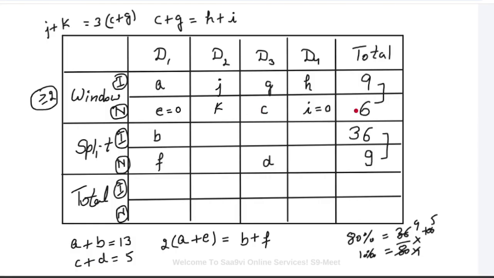Now, D2 has sold twice, then C, that means K is equal to twice of C. Now, I also know K plus C has to be 6. That means K has to be 4 and C has to be 2.